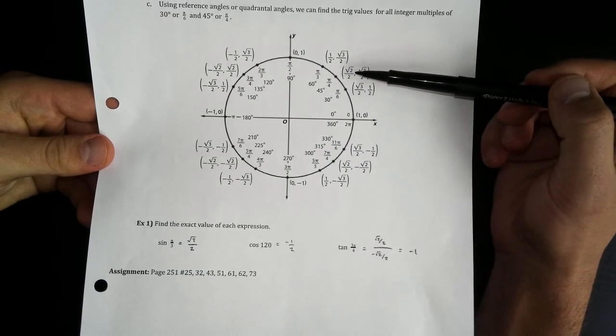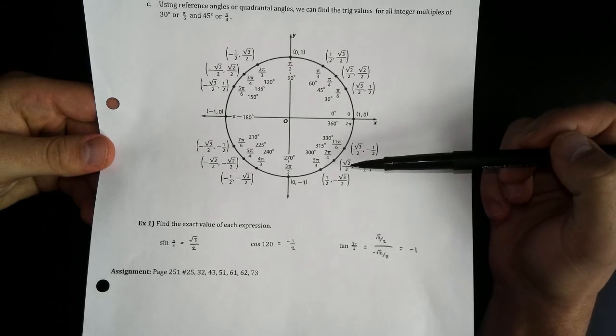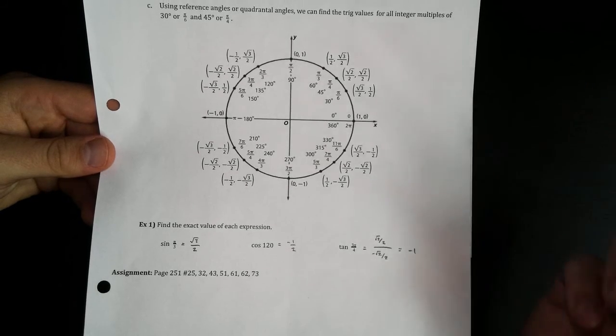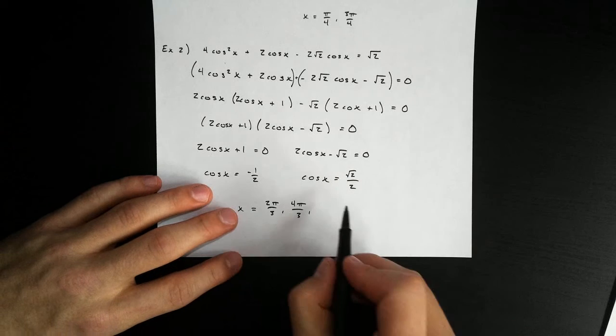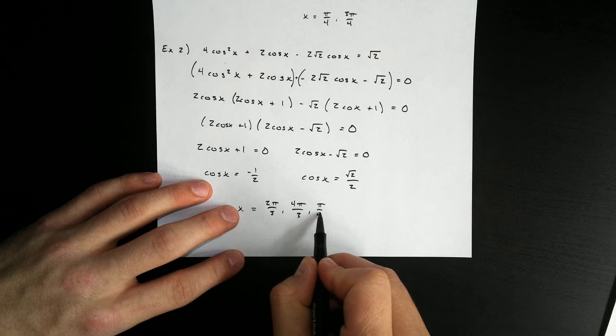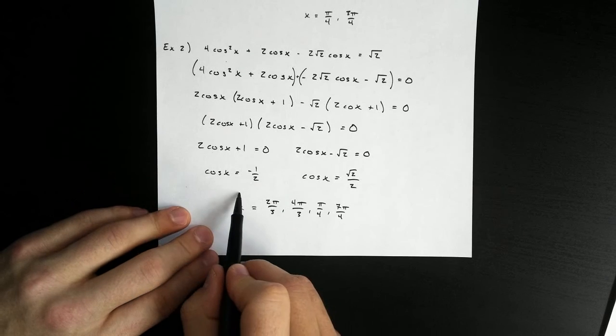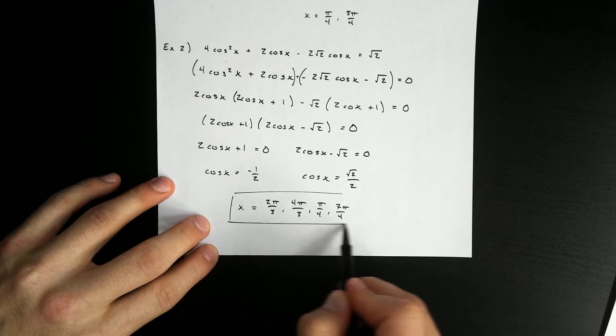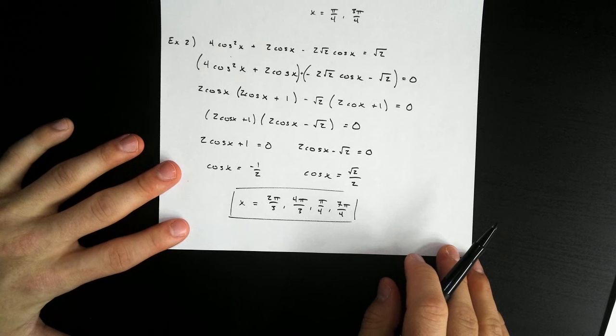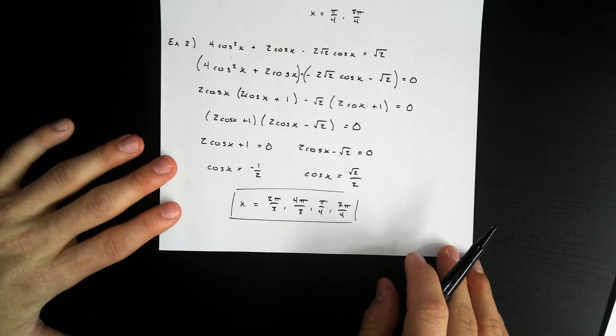We have one at pi over 4, and then a symmetrical one down here, 7 pi over 4. Okay, there are our 4 solutions.